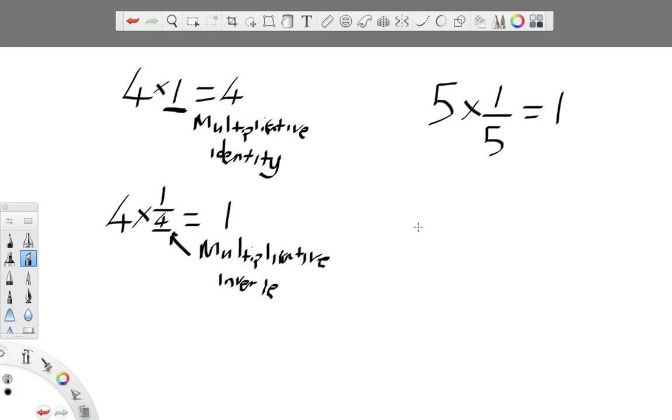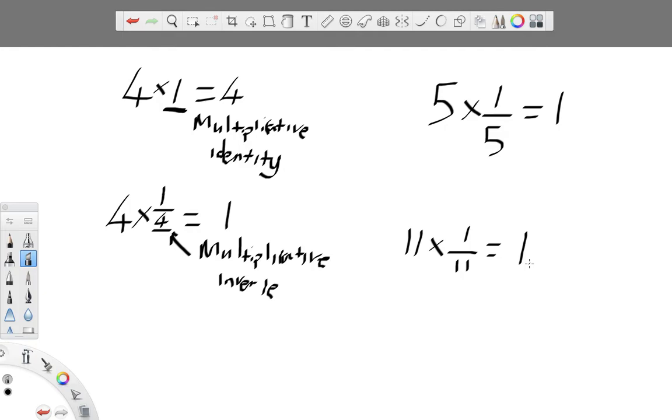So another number, say we had 11. I would times that by 1 over 11, which is the inverse, and that would leave me with 1, which is the identity. So I take a number, times by its multiplicative inverse, and I am left with the multiplicative identity.